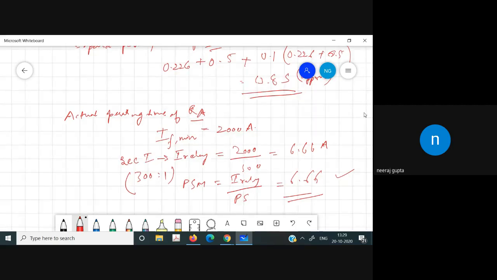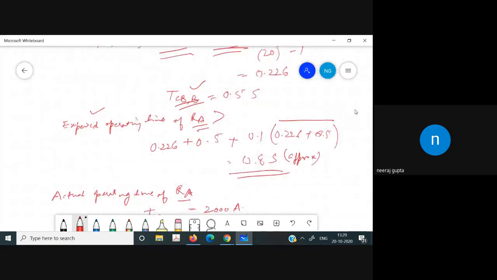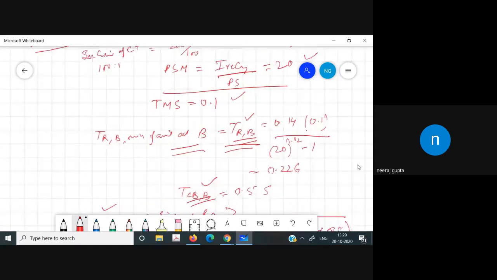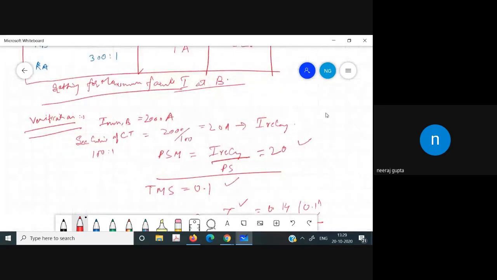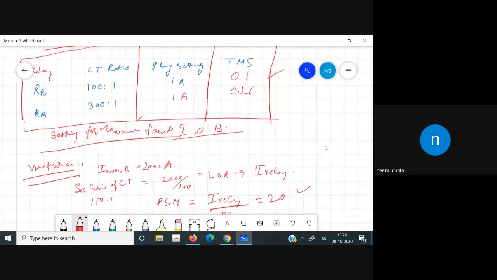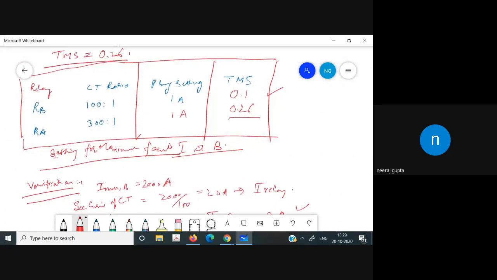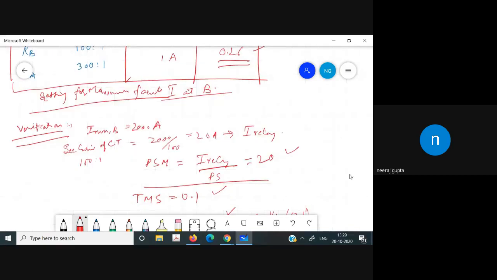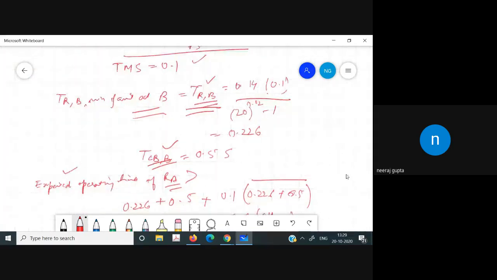What is the value of TMS? From the table, for the relay RA, we have the time multiplier setting as 0.26. So using this in the formula, we get the operating time.